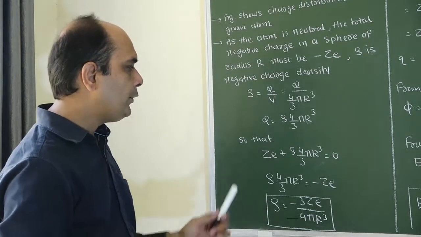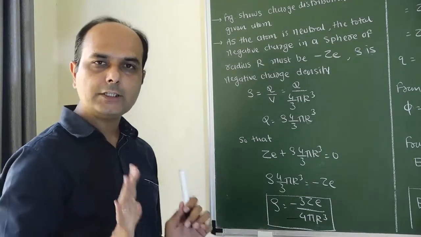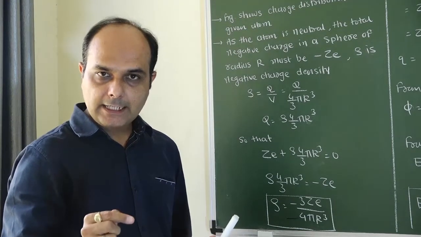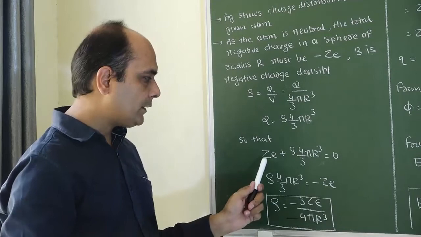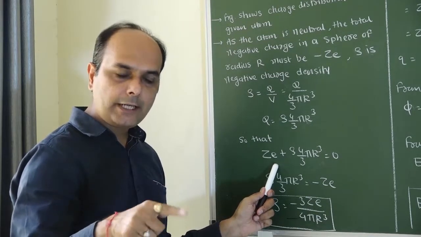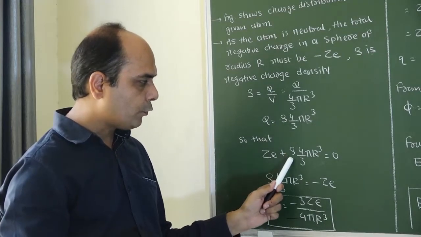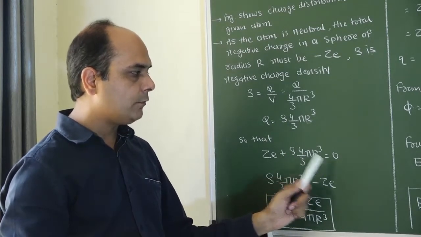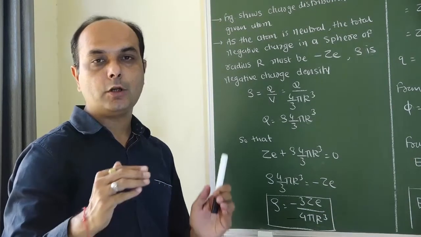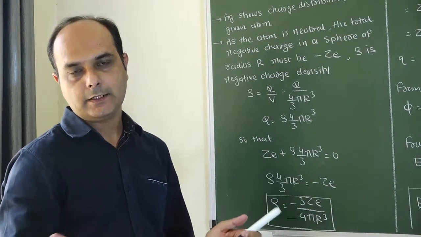Now students, the total charge the atom has: the charge at the center of the atom is plus Ze at the nucleus, and the charge surrounding the nucleus is rho into 4 by 3 pi R cube, and the sum is equal to 0. Because it is electrically neutral, the number of positive charges and negative charges are the same.